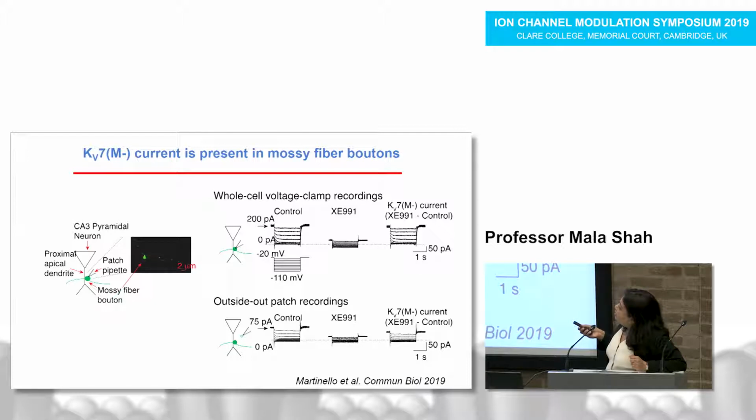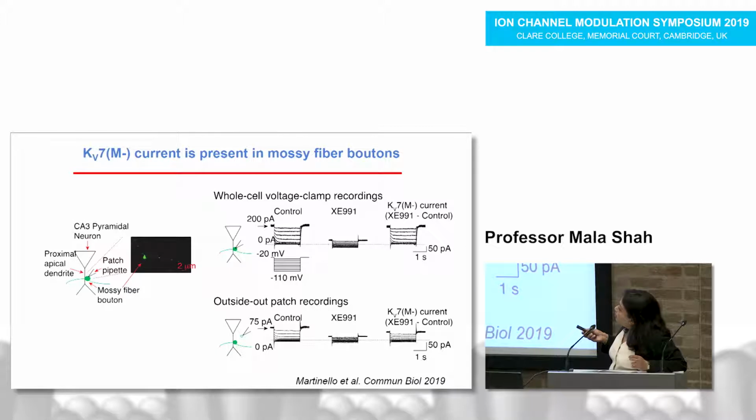As you apply a negative step, the current deactivates, but there is still some current left at minus 30 millivolts, minus 40. If you then apply XE991, you inhibit this current, so you can see there is a change in the standing current. There is also very little deactivation now, and this is the subtracted current. So we could see that there is a significant amount of current present in these boutons.